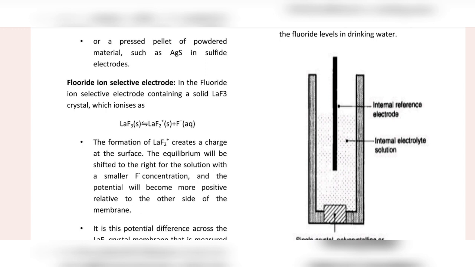So the equilibrium tends to produce more F minus ion compared to the inside solution, so it shifts towards the right. So it becomes more positive relative to the other side of the membrane.